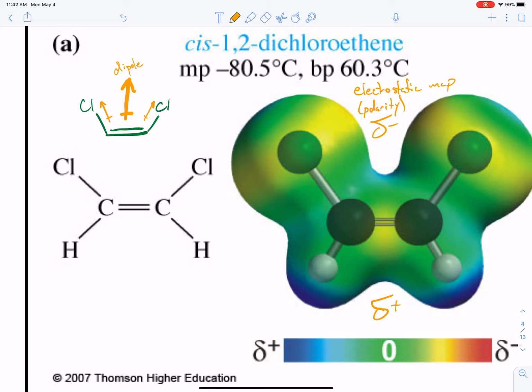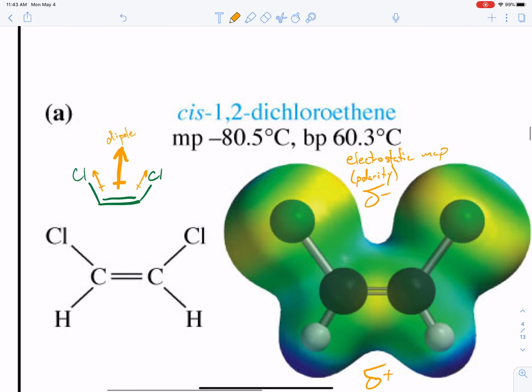So that's 1,2-dichloroethene. Notice here, this is a weird thing, so you just go ahead and do this. This is a 2-carbon chain, right? So a 2-carbon chain is an ethane, but it is not an alkene. It's not an alkane.